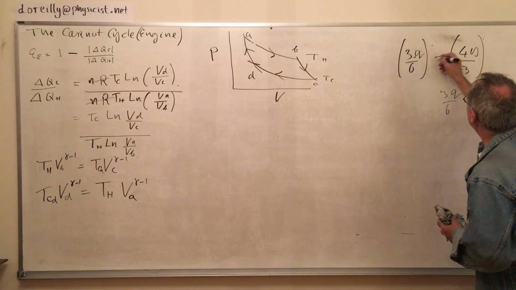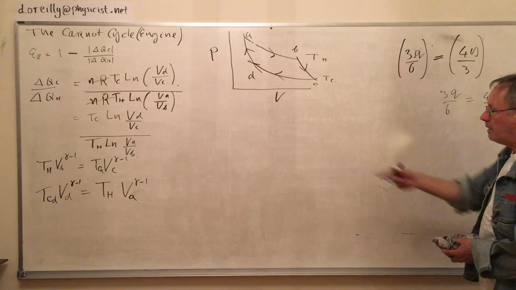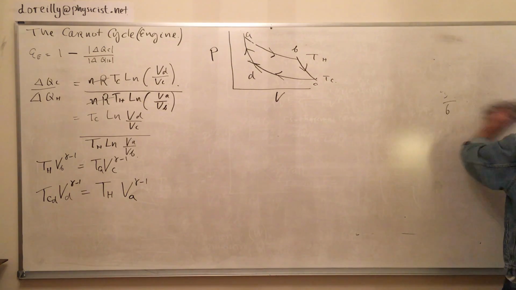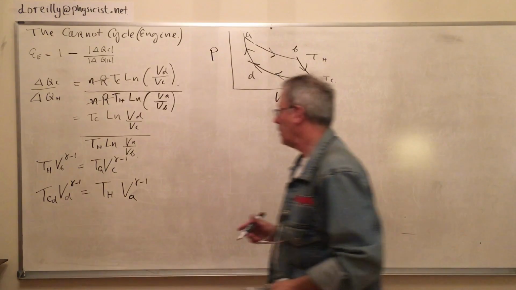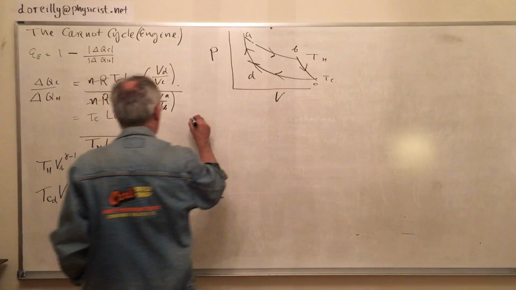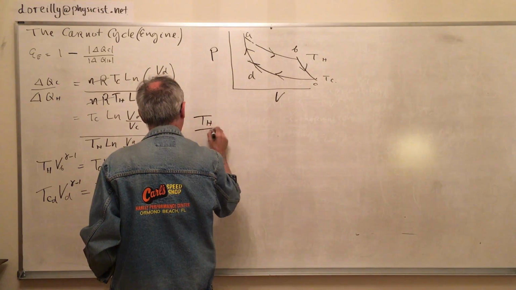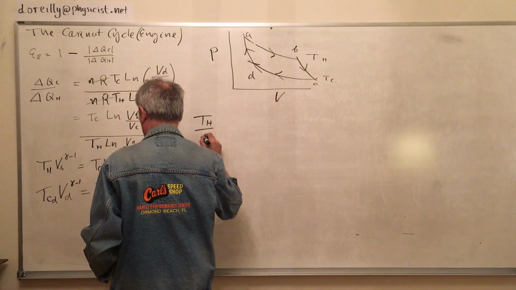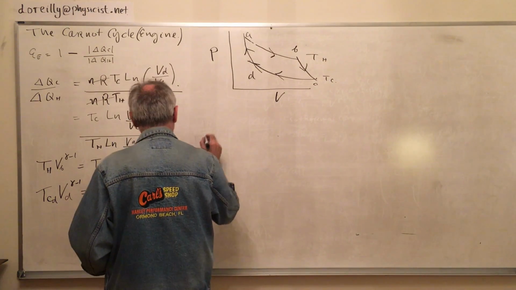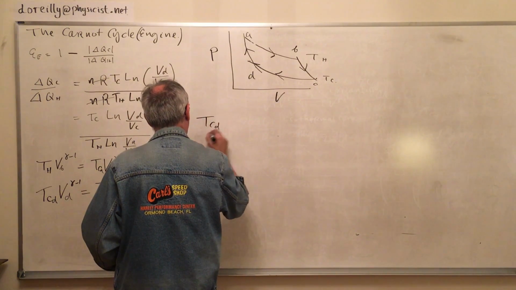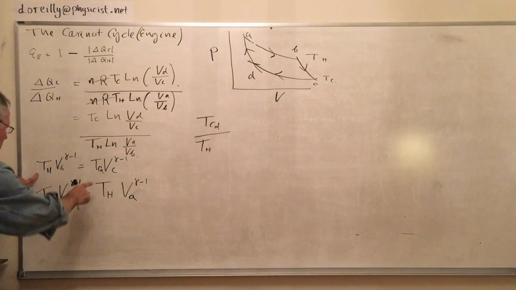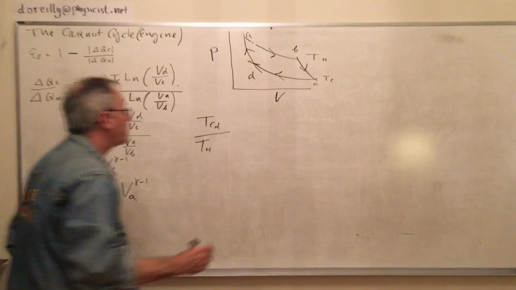I don't need to even consider it, because that's going to come up. And in fact, the x will be gamma minus 1. From this here, I can write a relationship. Actually, I'll do T cold over T hot. T hot and T cold are right here.